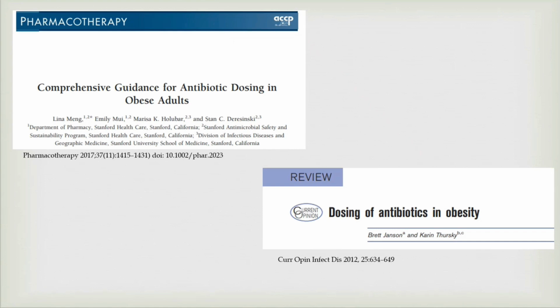That top one there is the more recent article from at least 2017. And so within both of these papers, you'll certainly find pages and pages of tables for each different agent or grouping of agents and what sort of data exists out there and what would be potential suggestions for dosing modifications or where we yet still do not have any data.